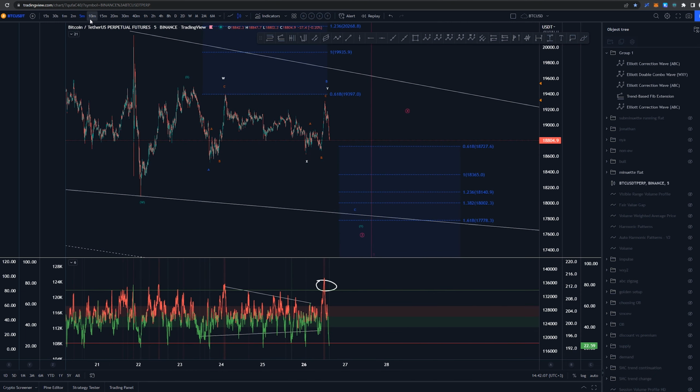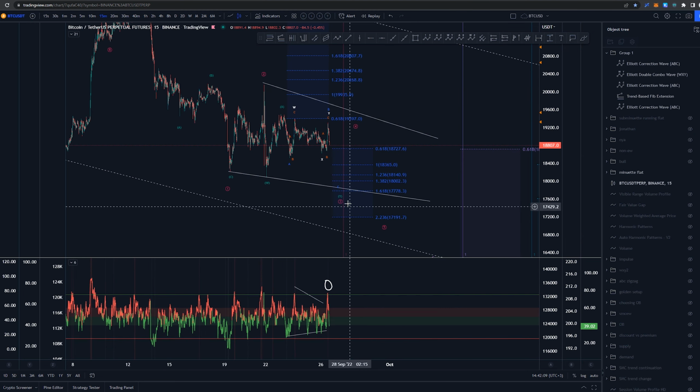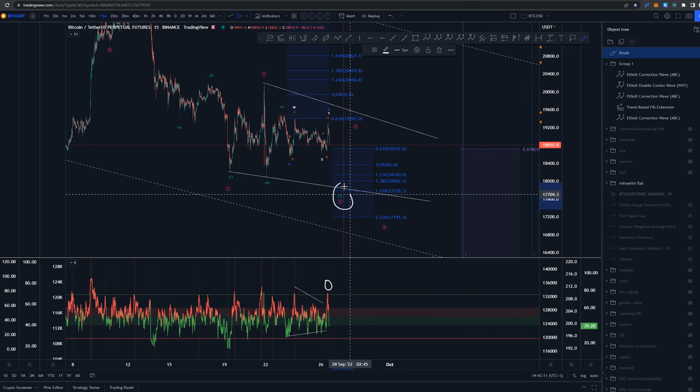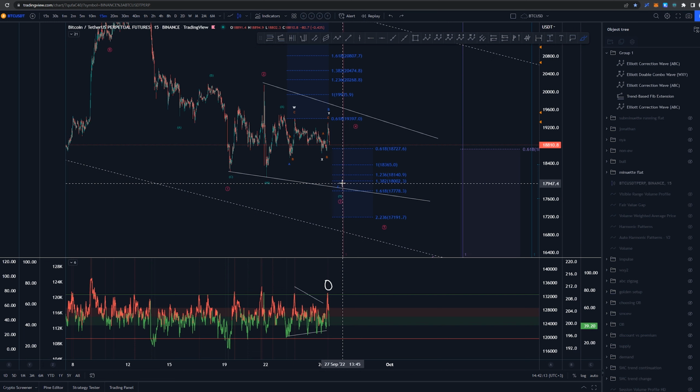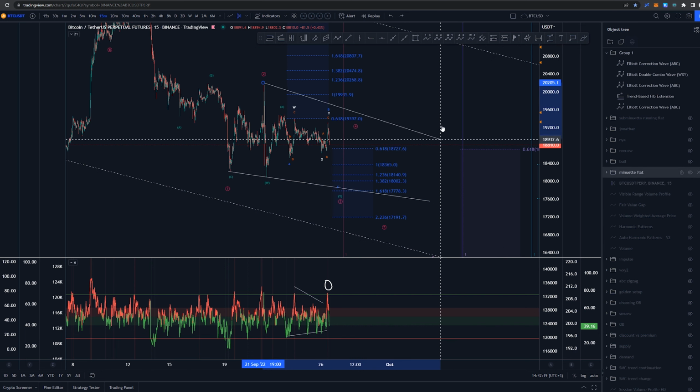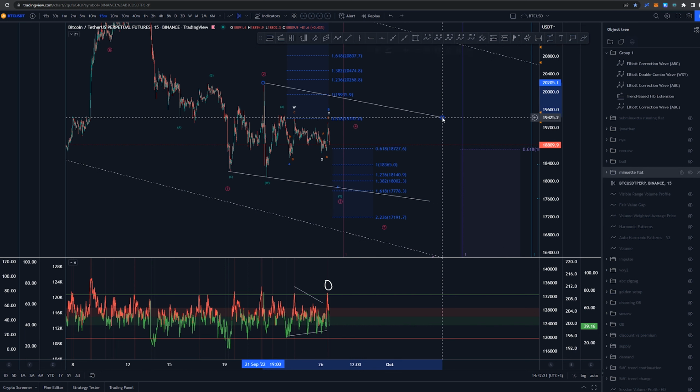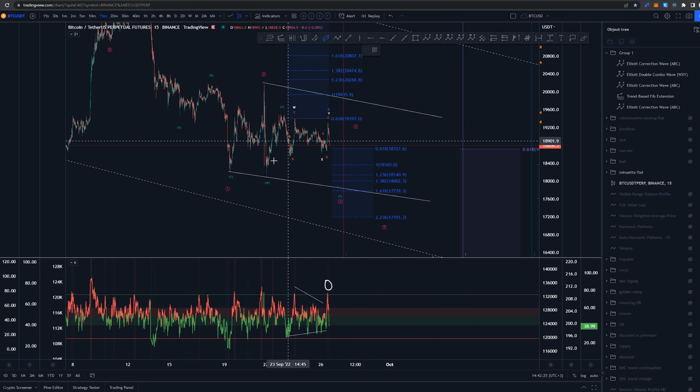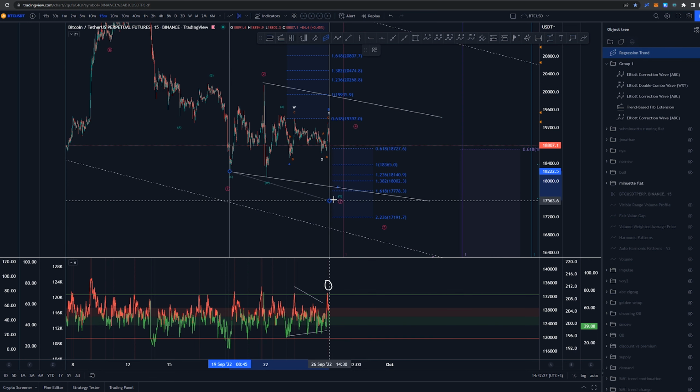But what else do we have here? Well, if we hit the wave 3 down here before tomorrow afternoon, then we would be looking for that wave 4 here, and we would be looking at some targets and invalidations based on where this wave 3 lands.